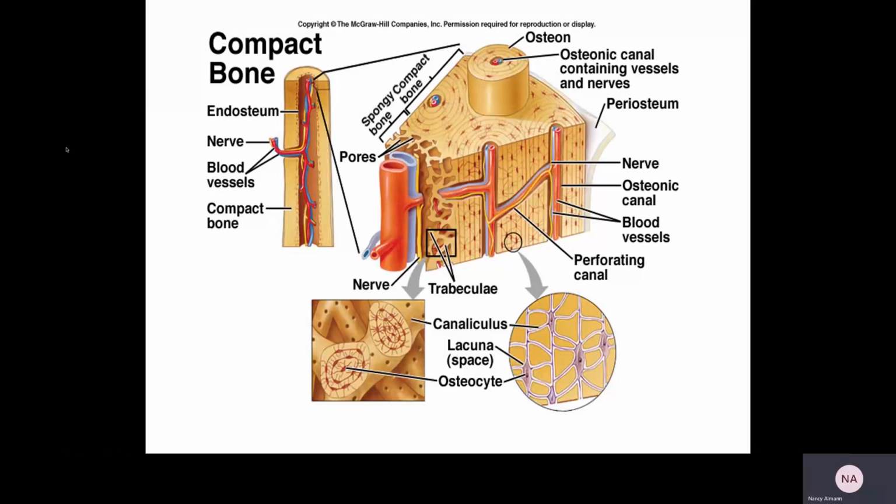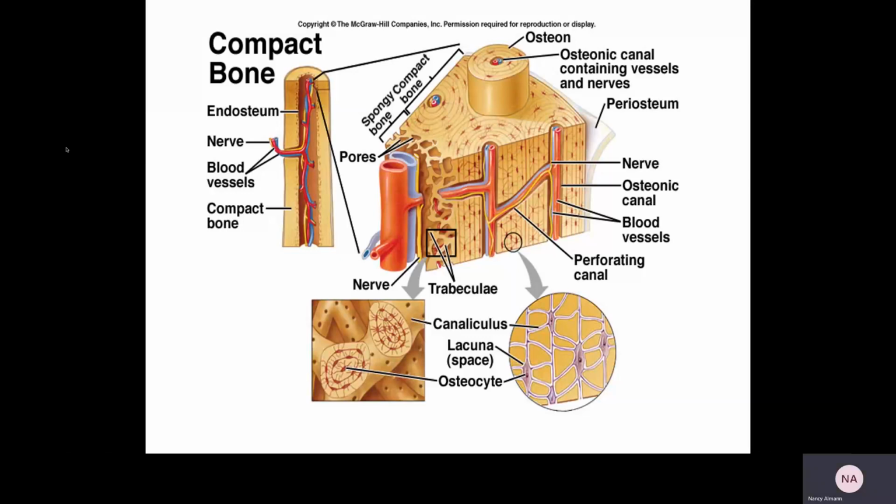Around the osteonic canal, or the central canal, will be layers, which are known as lamellae. You've seen that term earlier in the presentation. It's a fancy way of saying layers. So the osteon is going to have that tree ring-like appearance, and sure enough, those rings are the layers, which are known as lamellae.